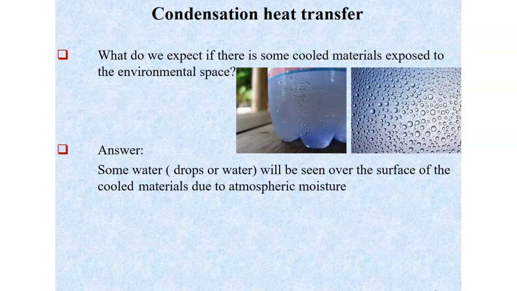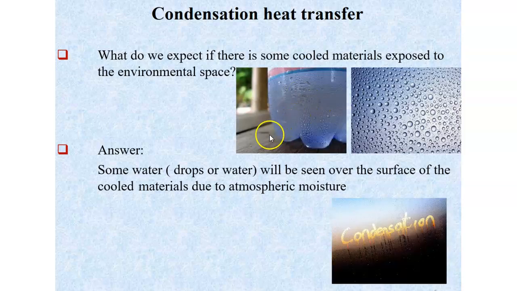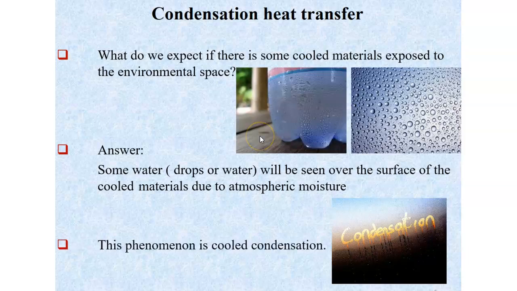This is condensation. Drops of water will be seen on the surface of a cool material due to atmospheric moisture. So the water does not come from inside to outside; the water comes from the environment. This phenomenon is called condensation.